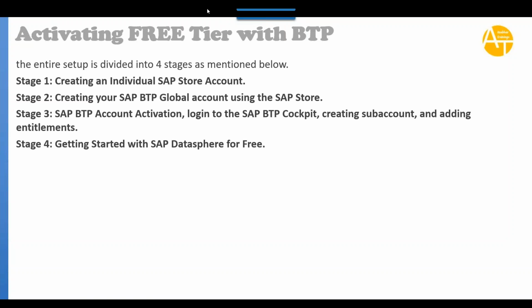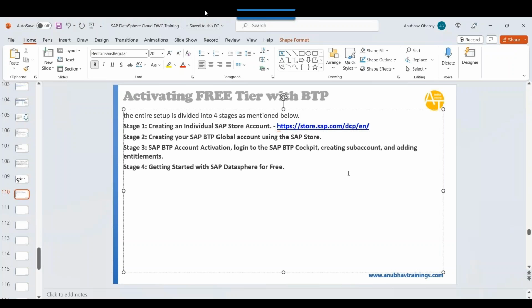Okay, so let's go ahead and see how to log into SAP Store. What is the link for SAP Store and how can you opt for a free tier account? I will just go ahead and show you that. So this is the link of SAP Store, store.sap.com/dcp/en. EN is the language English.